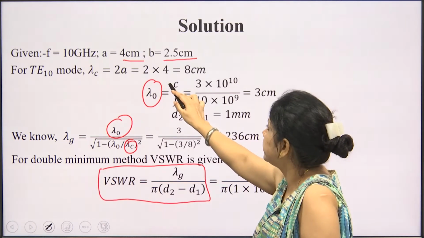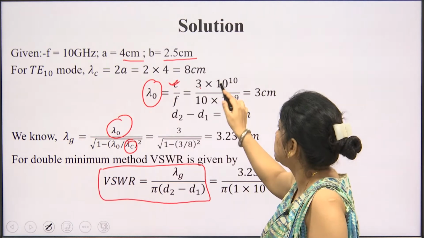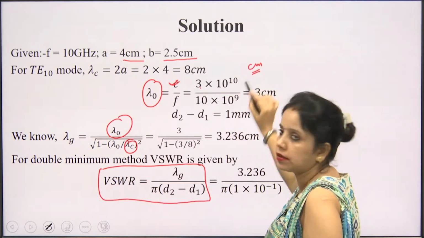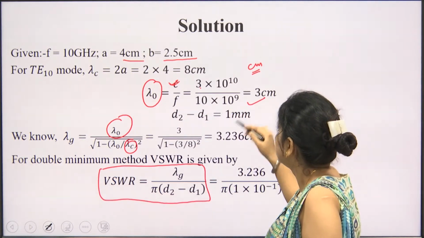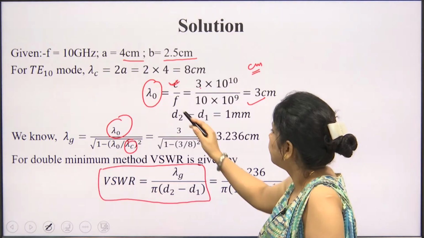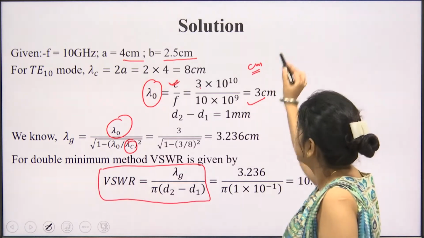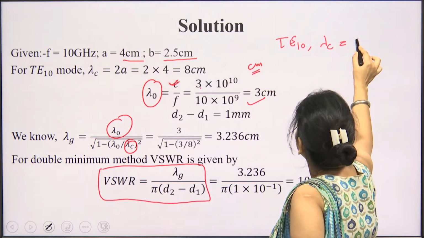C is basically the speed of light, and it is given by 3 into 10 to the power of 10 in the case of centimeter, not meter, and frequency is 10 into 10 to the power of 9, that is equal to 3 centimeter. So, we have lambda naught, and we know for TE10 our lambda c is equal to 2a.